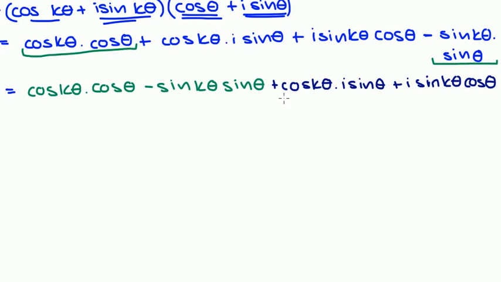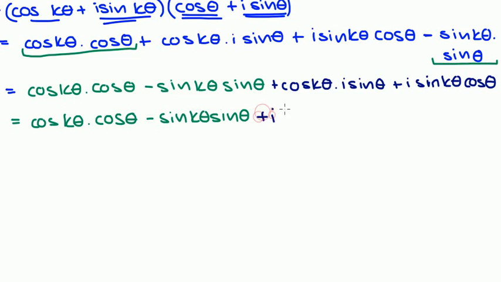Now you could take a few shortcuts with this, but I just want to take it really step by step so that you can see exactly what I'm doing. Okay, so next line, all I'm going to do is take out the i from the two imaginary terms. Again, you could have done this in the last step. So I have i (cosine k theta sine theta plus sine k theta cosine theta).